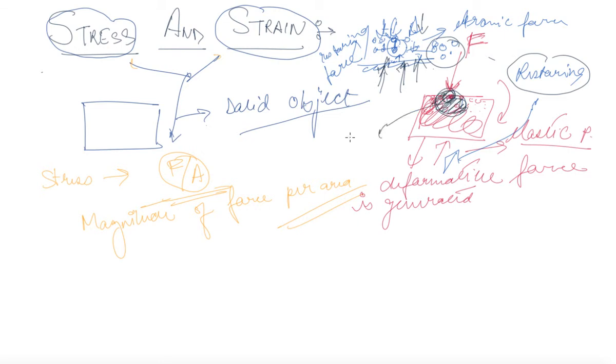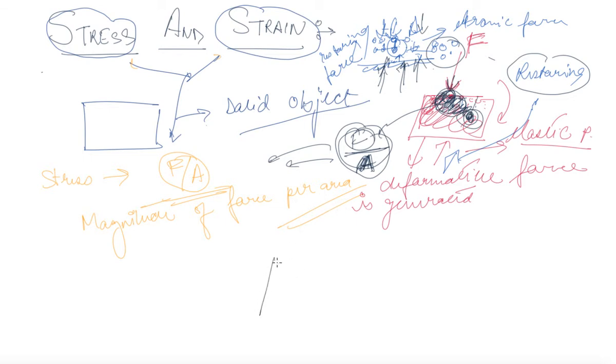This is nothing but the total force distributed by the area A. That is the total force being experienced at a particular area A. If a force F is given, this part will experience the same force as this part. So stress is nothing but force divided by area. This is what you know as stress, and I hope the definition of stress has become a bit clearer.